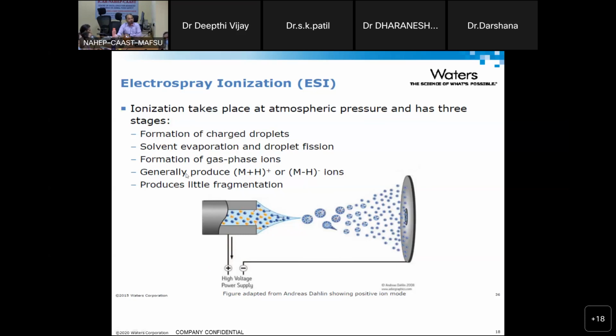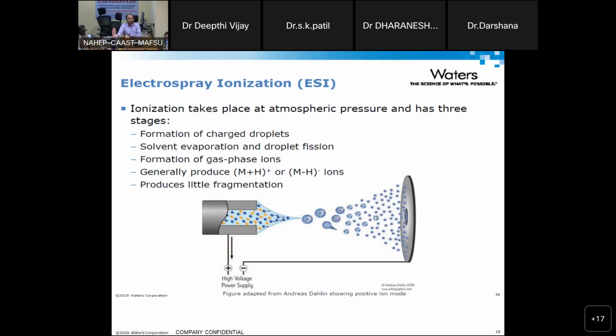Then the next step is solvent evaporation and droplet fission. Since the LC eluent has the analytes as well as the mobile phase, there is a requirement of evaporation of the solvent, since we are interested in ions of the analyte and not in the ions of the mobile phase or the solvents. The third step is formation of gas phase ions.